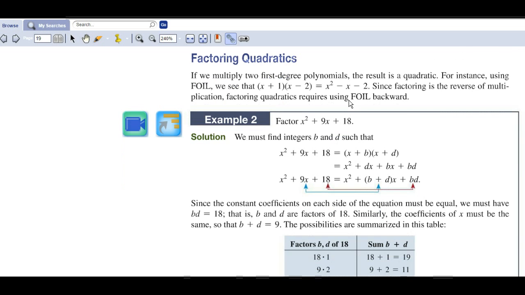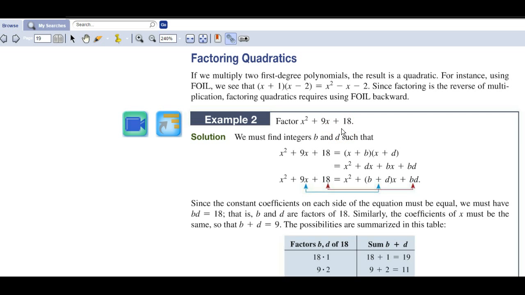Now, when we go to factor quadratics, again, we said that here is a trinomial. We want to find out what binomials were FOILed to end up with this trinomial as a result.